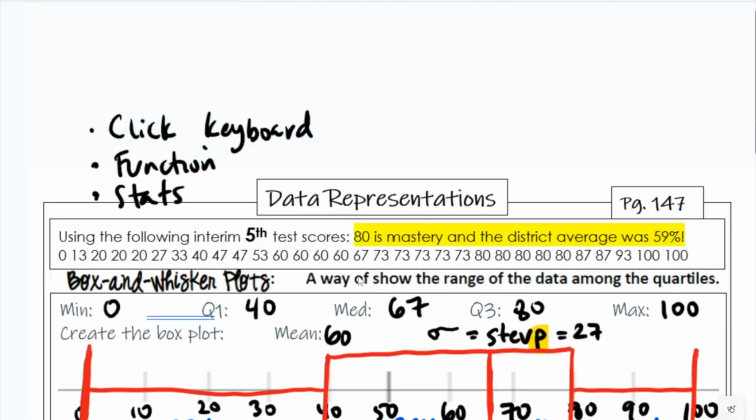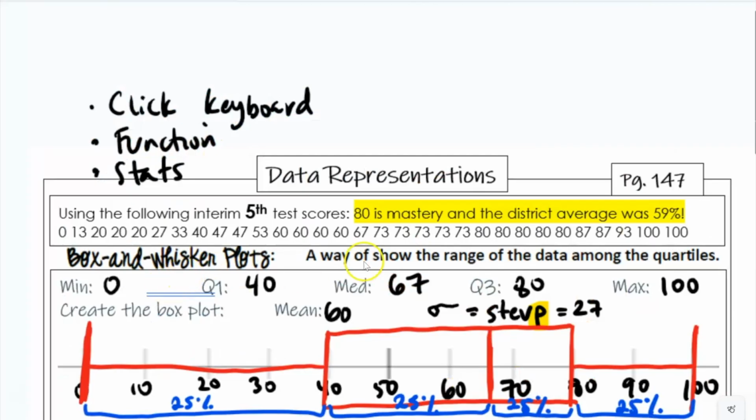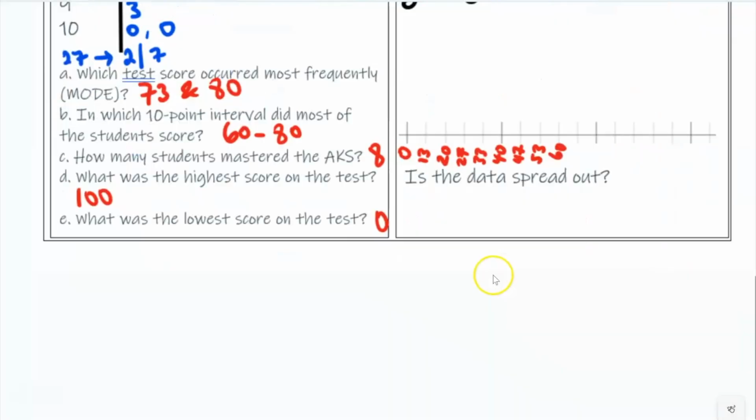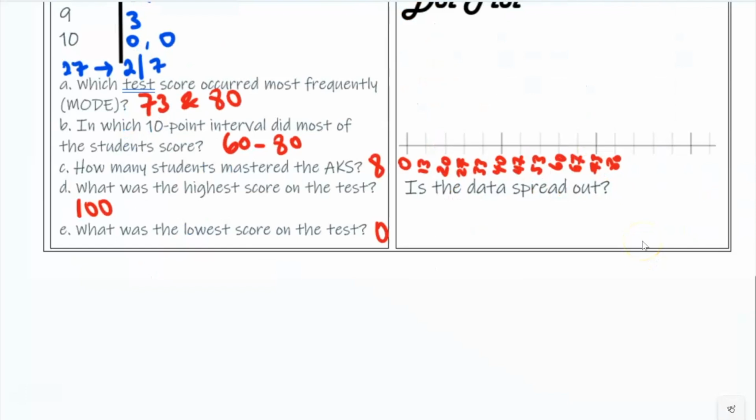All right, so you're just writing all the numbers that happen. 47, 53, 60. 67, 73, 80. 87, 93, 100.